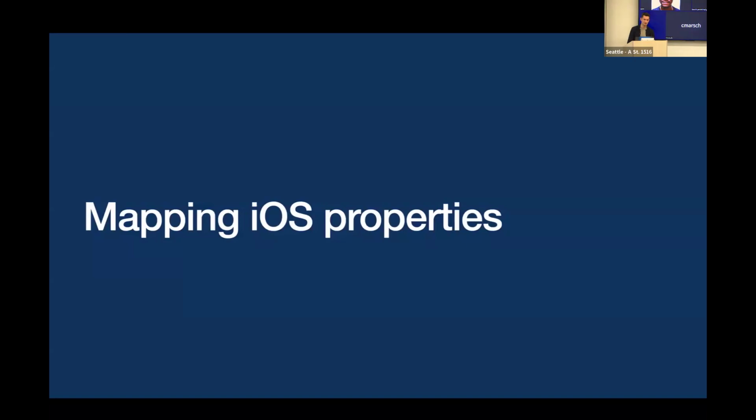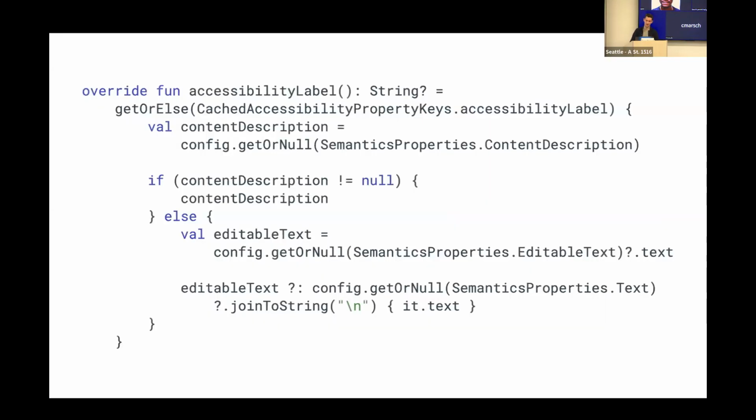And mapping the iOS properties is something I just alluded to as well. In Compose Multiplatform, we need a way to map the values from the semantics nodes that we have from Compose to the iOS accessibility elements. I'll take a look here at just a few of those mapping functions that Compose Multiplatform handles.